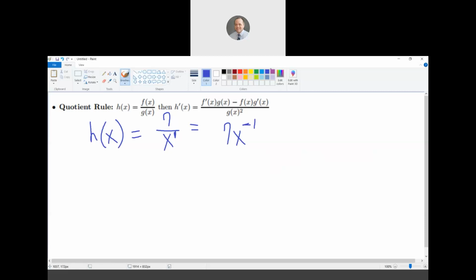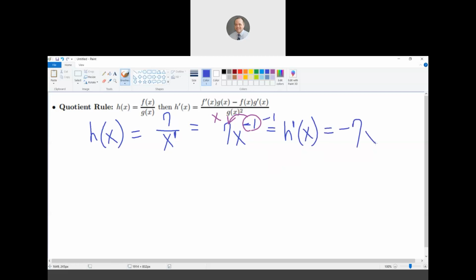So we'll move the original exponent to the front, multiply it by 7 to give us negative 7. And even with the negative exponent, you still subtract 1 from the original exponent.